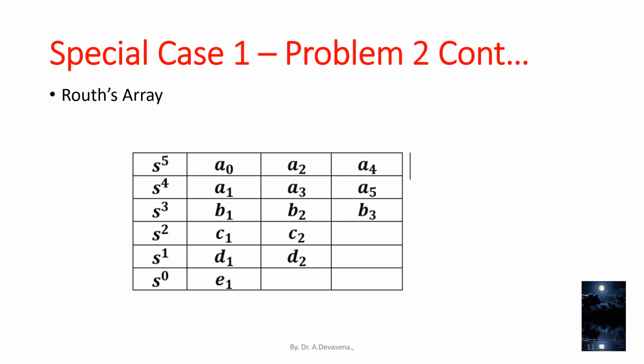The s cube row has b1, b2, b3 values. The s square row comprises of c1, c2 values. c1, c2 is determined with the help of the s power 4 row and s cube row. And the s power 1 row comprises of d1, d2. This d1, d2 is calculated with the help of the s cube row and s square row. And the s0 row comprises of e1.